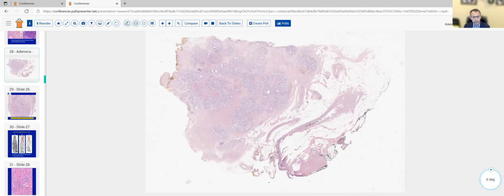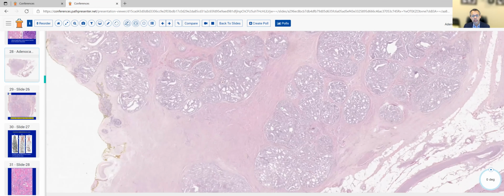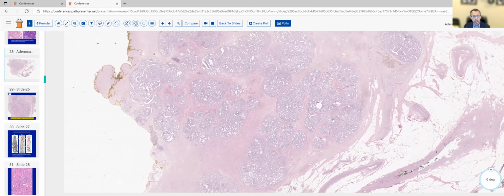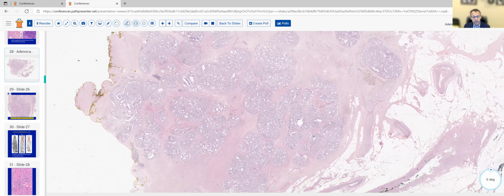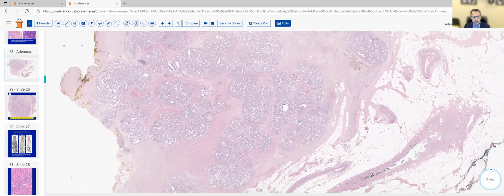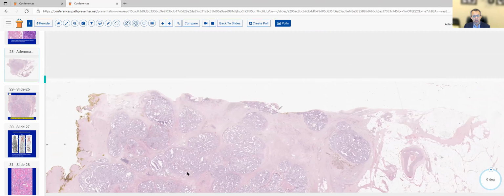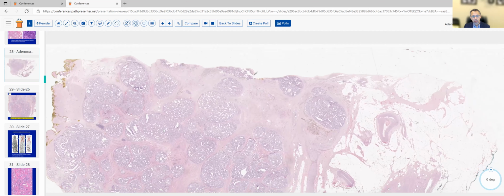This is from a radical prostatectomy specimen. As you can see here, there is quite an exuberant proliferation of these very dense cribriform glands. They are almost making balls of cribriform proliferation. Look at how expansile these glands are. They are showing irregular borders. You see several features of invasion.